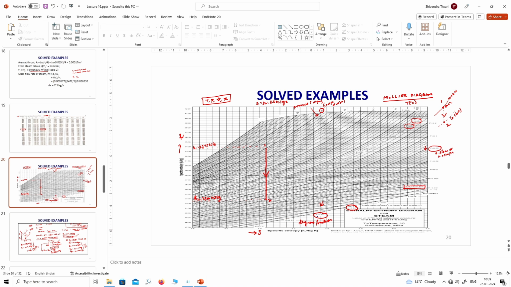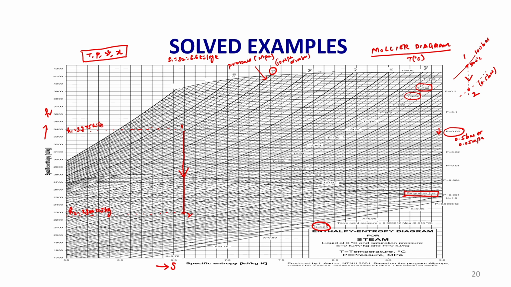Let me erase this one, and here this is the dryness fraction. Let me save it, so that when you refer to this, it will be very easy, and it is a very simple procedure to find out the values.